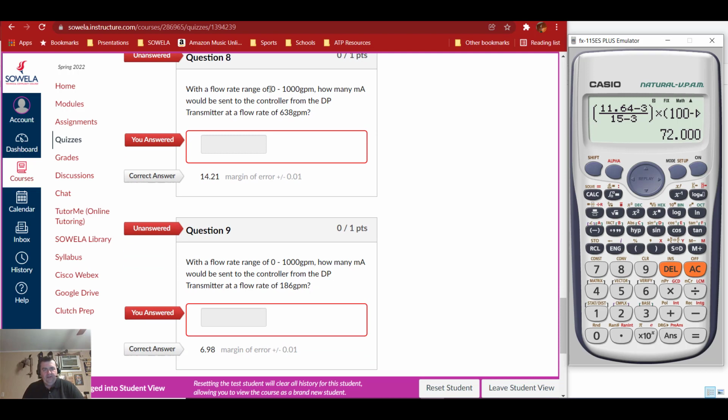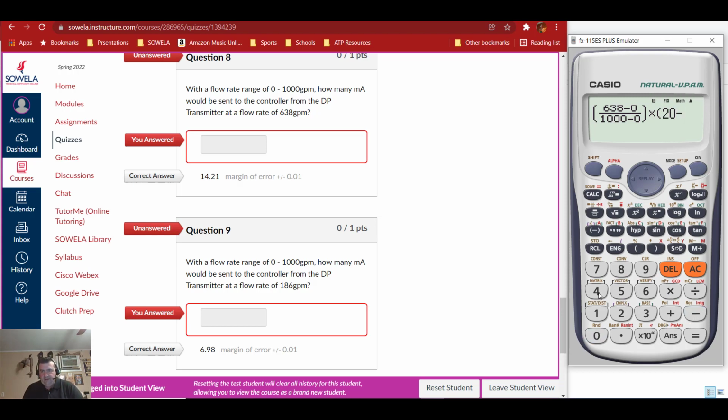Number 8, with a flow range of 0 to 1,000, how many milliamps at 638 gallons per minute. So we're going to do minus the lower range of 0, over 1,000 minus 0. Scroll over, close times open.